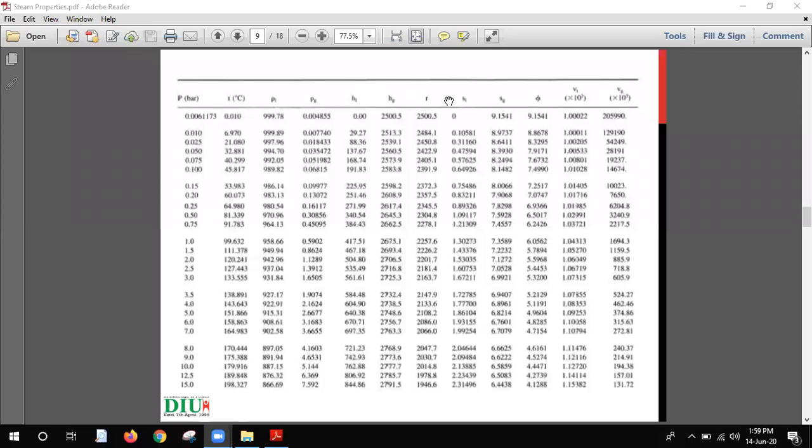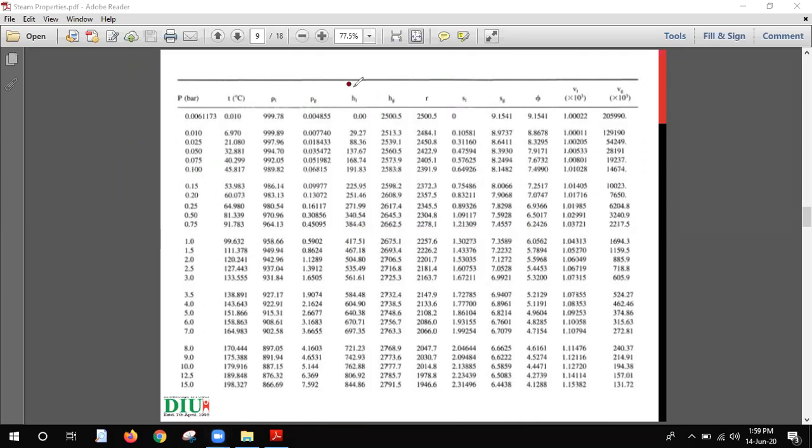Okay. So I give you this slide. You check the rest of the two examples by yourself. We'll discuss the rest of the two examples the day after tomorrow. But before that, check this steam table properly, because this is very interesting.